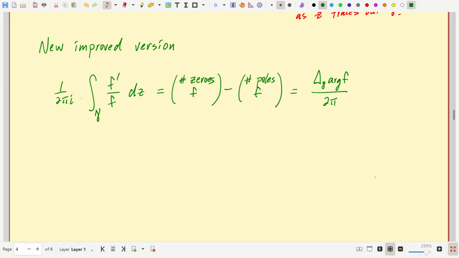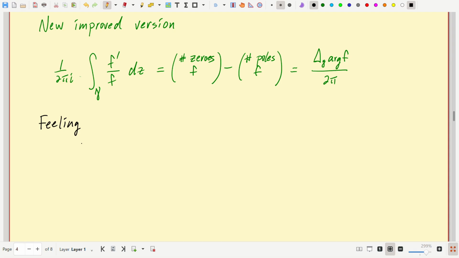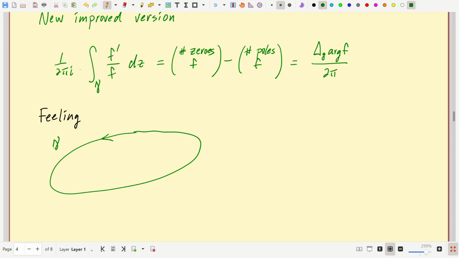So here's the feeling that you should have about this. Okay, I'm going to walk around gamma, and I'm going to have a wristwatch that gives me a little dial here.